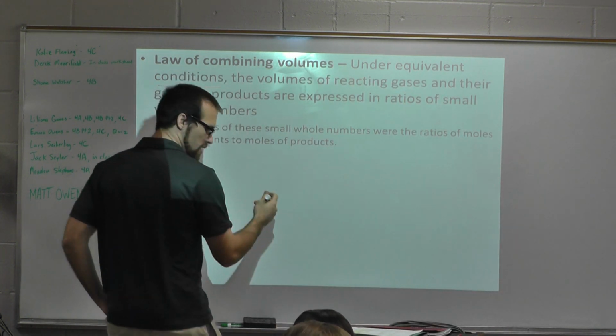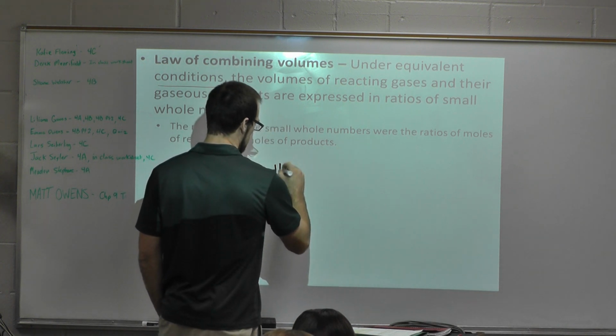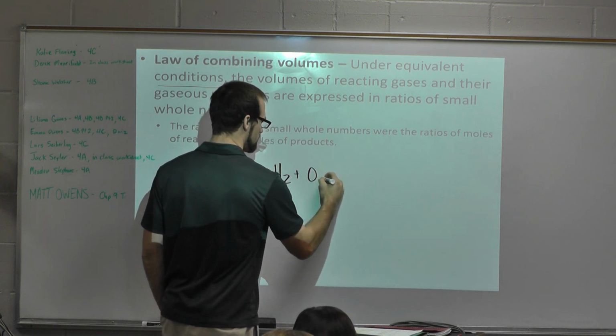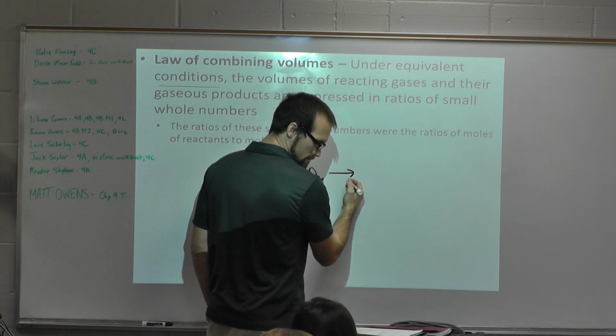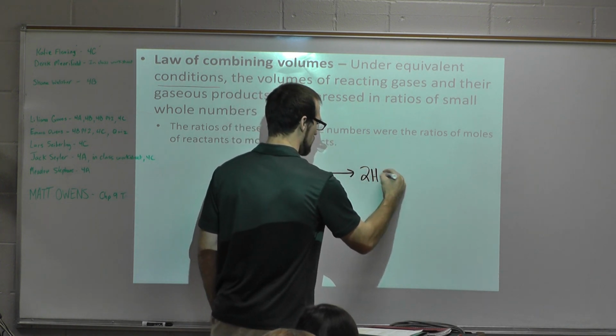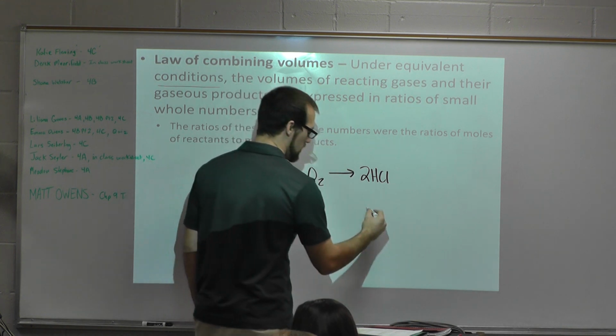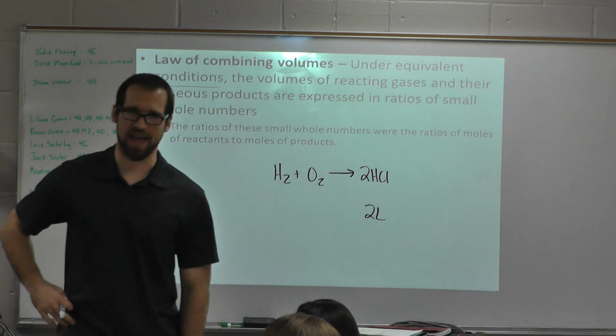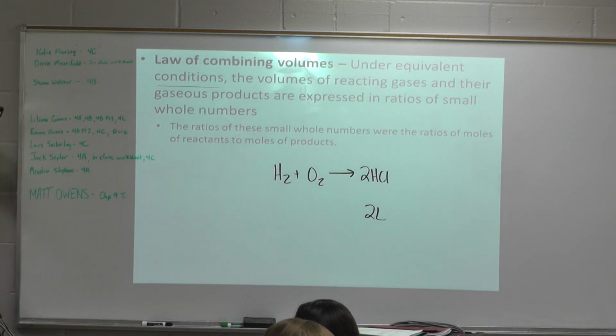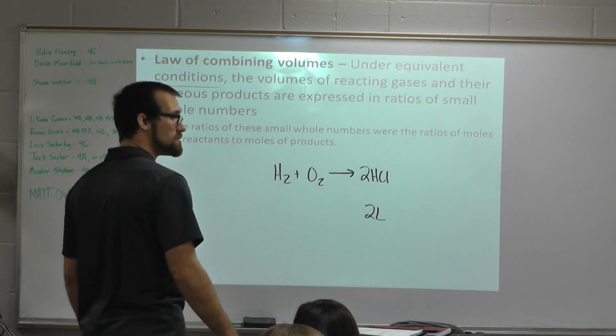So, if I've got something as simple as this, if I knew that produced 2 liters of that gas, how many liters of the reactants would I have had to have?